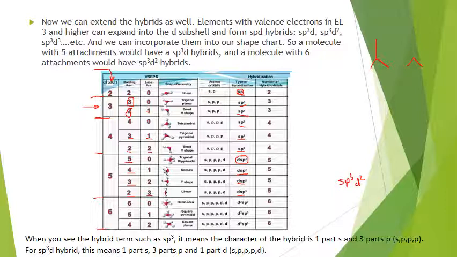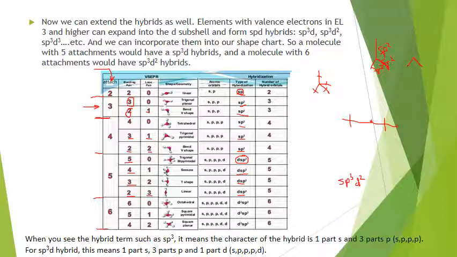So if you look at each one of these, this is sp2, this is sp2, and this is sp2. And if it's linear, okay, this bond is going to be sp and this can be sp. If you have sp3, like in terms of tetrahedral, sp3, sp3, sp3, and sp3.